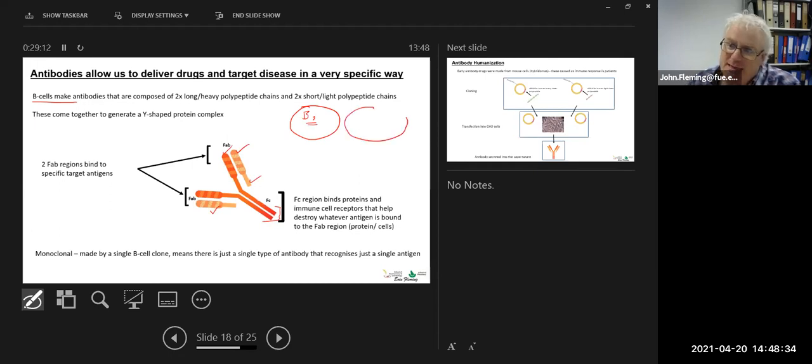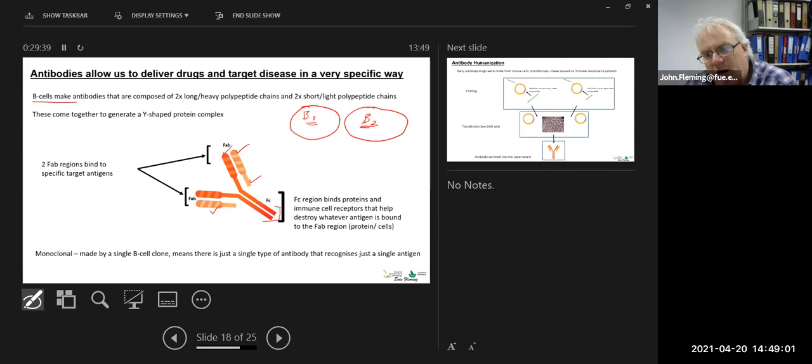A different B cell clone has different nucleic acid sequence in the genes that code for the heavy chain and the light chain. So now this second B cell clone produces, when the genes get transcribed and translated, an antibody with a slightly different ability to recognize and bind to an antigen.